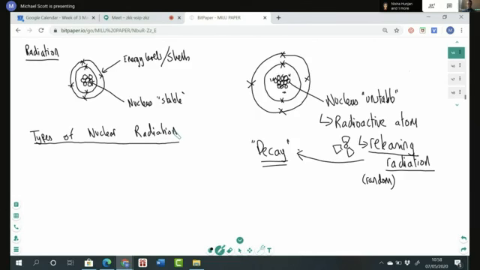There are a few properties that you would be expected to know of them. So I'm going to draw just a quick summary table at the bottom here. And what we're going to do is summarize some of the key properties of nuclear radiation.